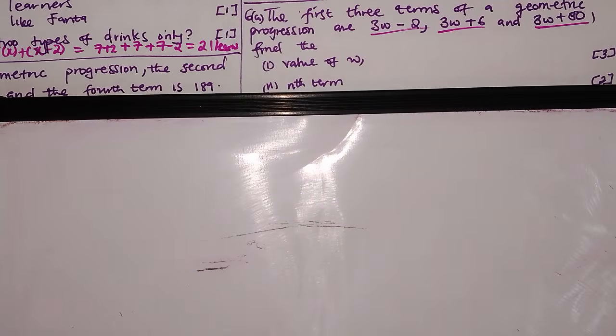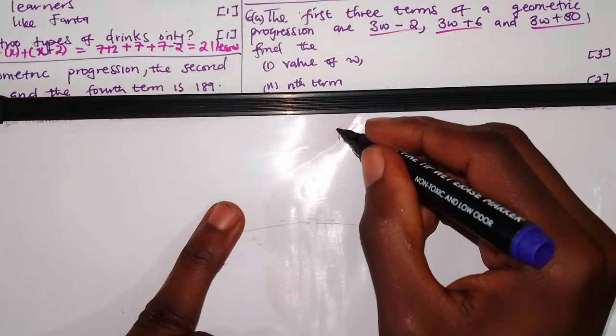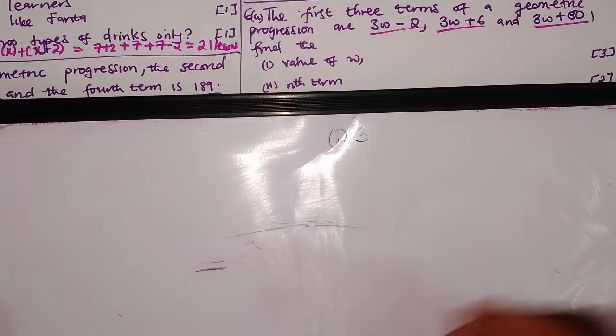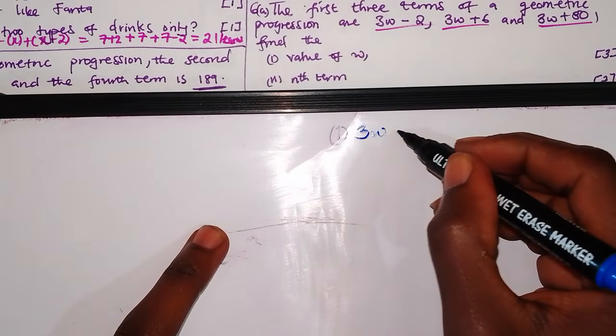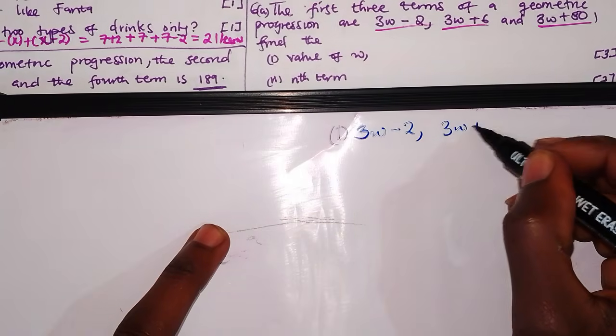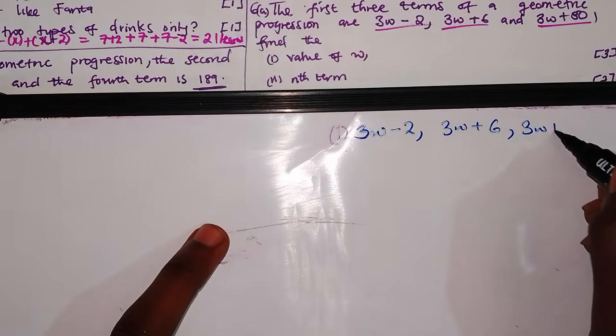So we can do it by this way. Yeah. So what is our first step? So they have told us the first 3 terms. So meaning our first 3 terms are, we have 3w minus 2, 3w plus 6, 3w plus 30.